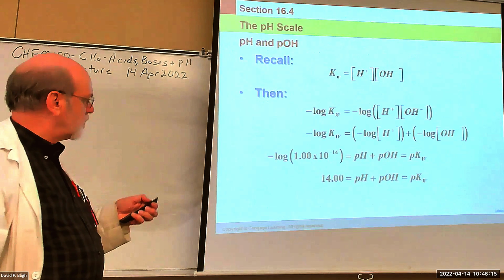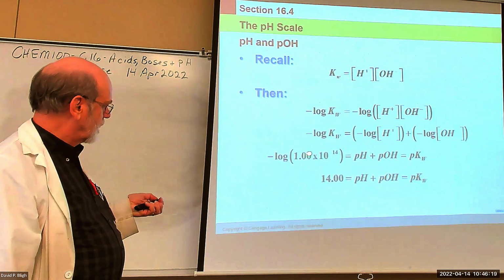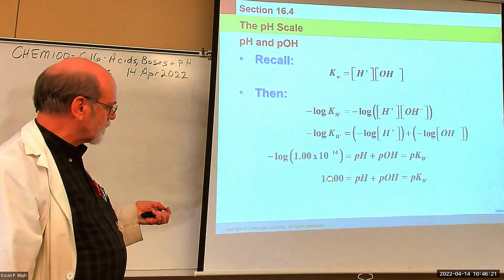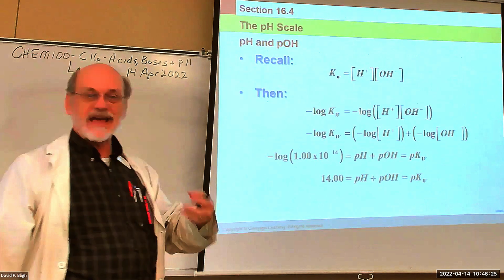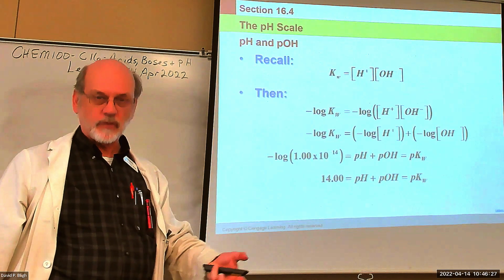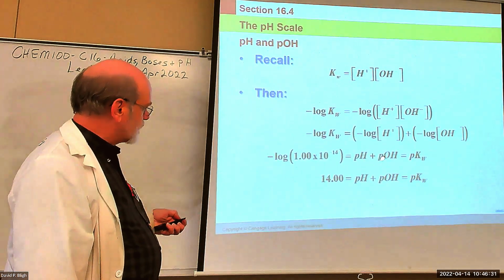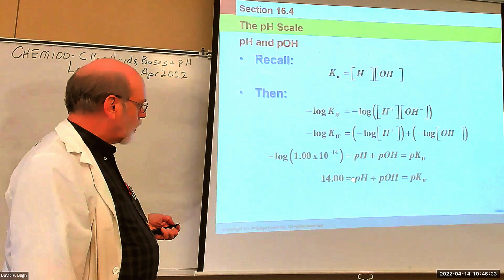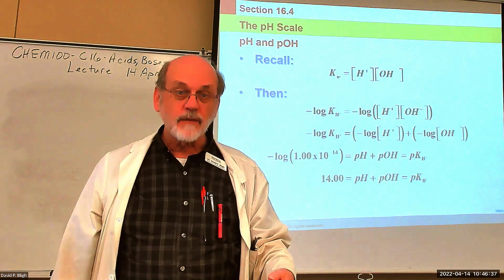Before we do that, we're going to put the actual value in here for Kw. So the negative log of that value is 14. It's pKw, but it's also 14 at 25 degrees. And then this is pH, and that's pOH. So pH plus pOH is pKw.